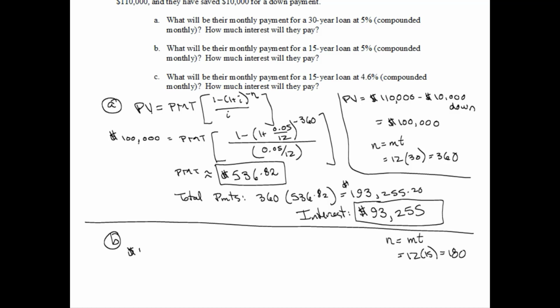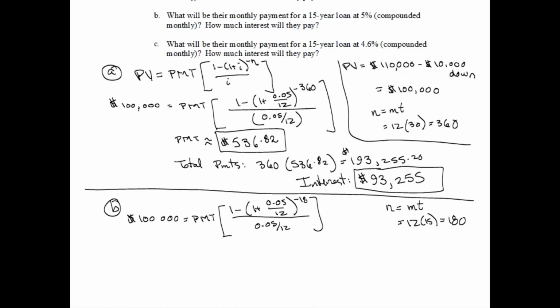So I put it into the same formula, and you should end up with a payment of $790.79. So a little over $200 more.